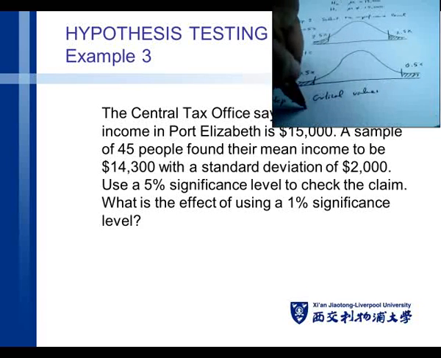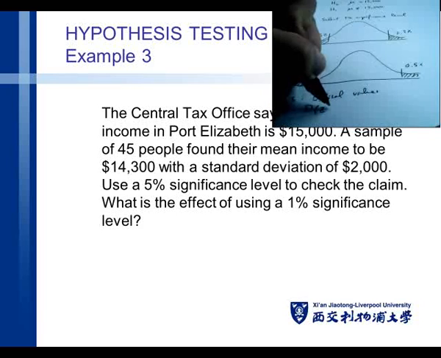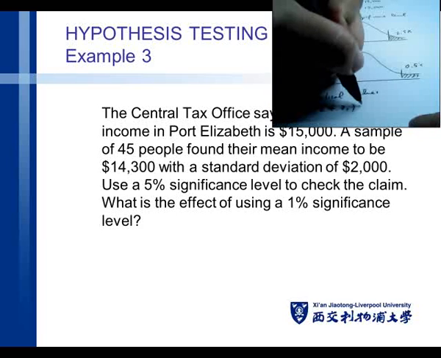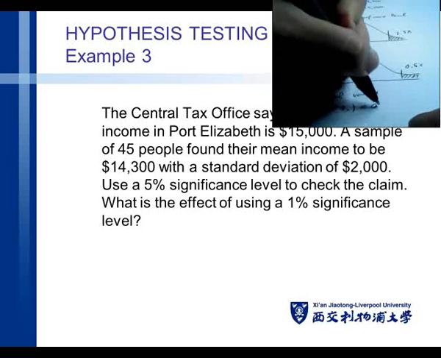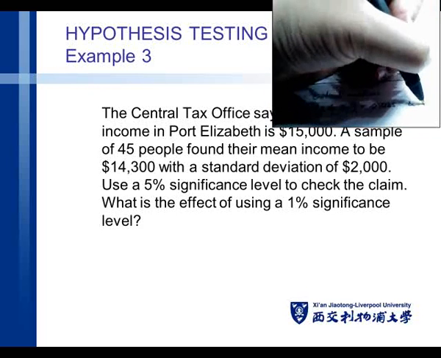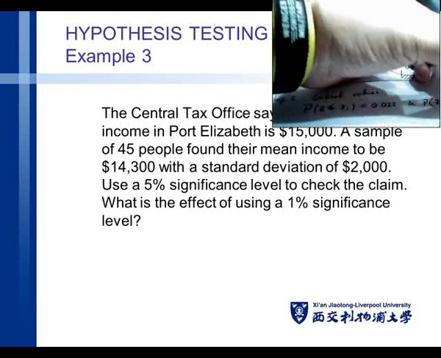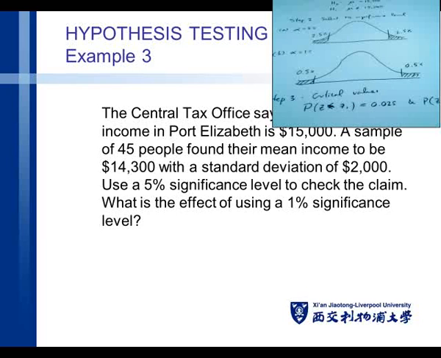We're looking for 2 numbers, so that the probability is 2.5% on each tail. I said previously that the number you're looking for is 1.96.